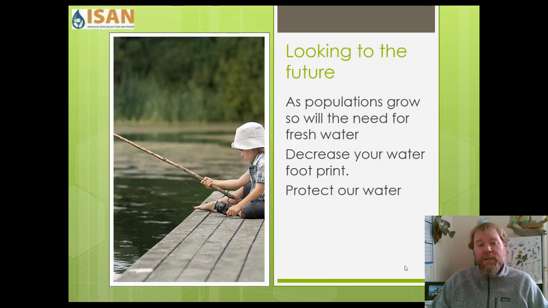So looking to the future, populations around the earth are growing. And so will the need for fresh water. That's going to go up. One of the things you can do is decrease your water footprint, and we're going to talk about that in a second. You can protect your water. There's about the same amount of fresh water on the face of the earth as there was when the dinosaurs were here millions and millions of years ago.